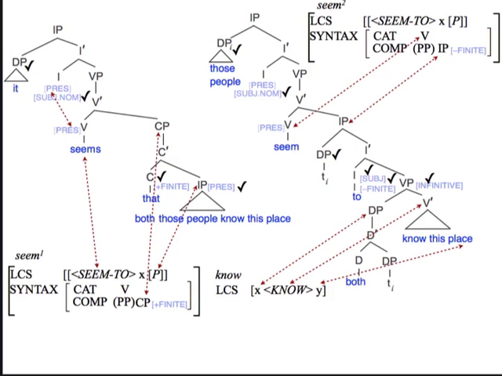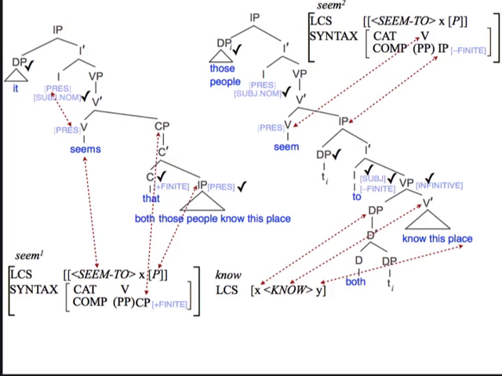Yeah, just because you have the DP that moves up and it occupies like three different places. Right. And in this case, it doesn't seem to be able to occupy all of those places, right? I don't think you can leave it in the infinitival clause space, right? And I don't know what the answer to that is, right?